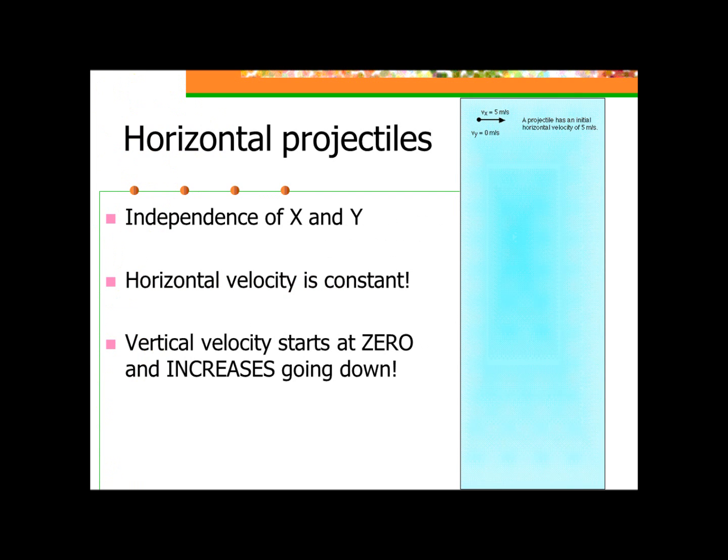So just a reminder about horizontal projectiles is that the x and y are independent. That holds true for any projectile, horizontal or at an angle. X is always constant, and so in our animation we saw in the last video, we have 5 meters per second in the horizontal, and it'll be that way for every single one.